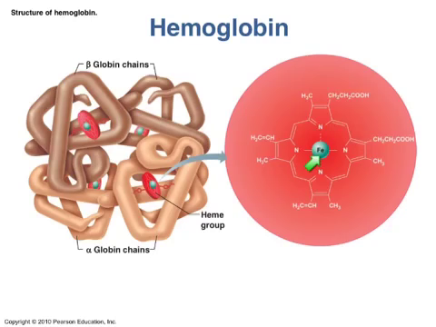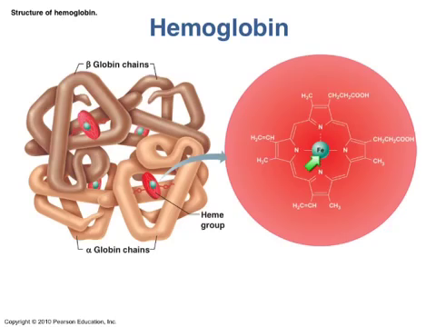Only about 1 to 1.5% of your oxygen is actually dissolved in your plasma. The rest is carried on that iron atom in hemoglobin. So basically almost all of your oxygen is bound to hemoglobin. And about 1/4 of your carbon dioxide is bound to hemoglobin.